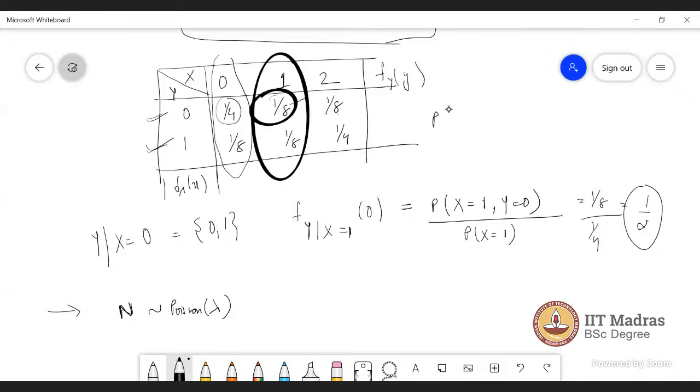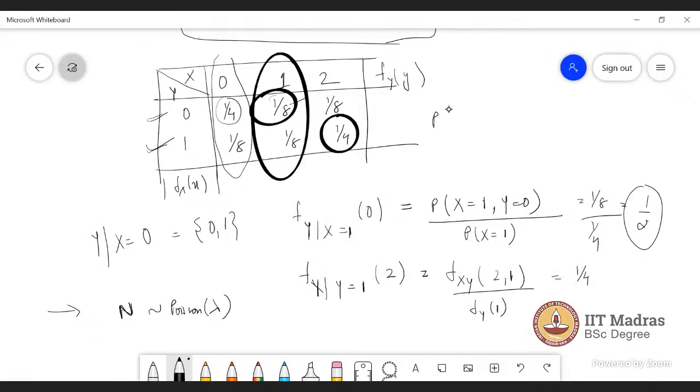If I have to find fx given y equals 1 of 2, this is going to be what? This is fxy of 2, 1 divided by fy of 1. So what is fxy of 2, 1? X should take the value 2 and y should take the value 1. So that is 1 by 4.